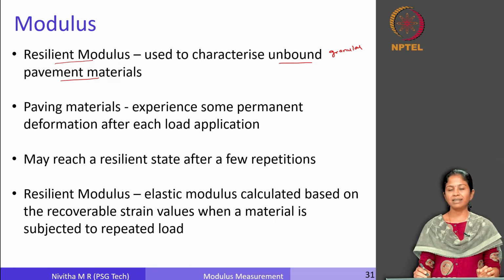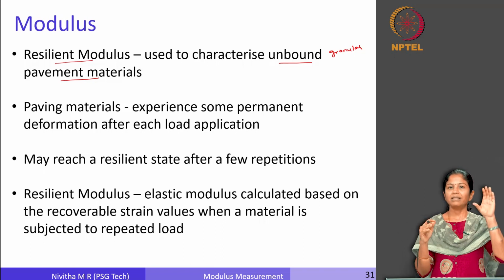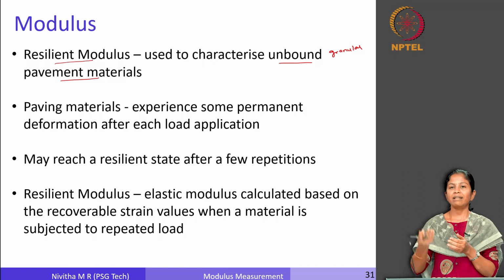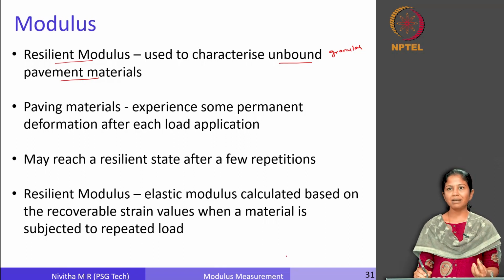What do we call a resilient state? A state wherein there is no more permanent deformation and the material is able to recover most of its strain. So, that we define as a resilient state. So, this resilient modulus is an elastic modulus which is calculated once the material reaches this resilient state.